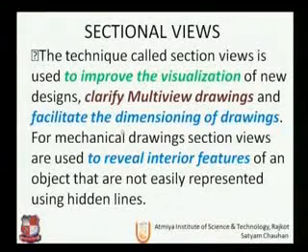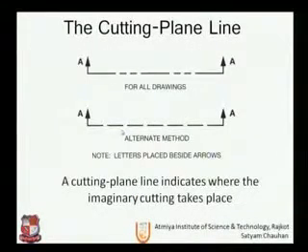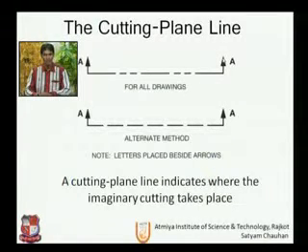So we show the sectional view by use of the cutting plane line. We will see how we use it. First we draw a phantom line, as we have seen in the last session, with two arrows in one direction, in which we are showing the object is cut.